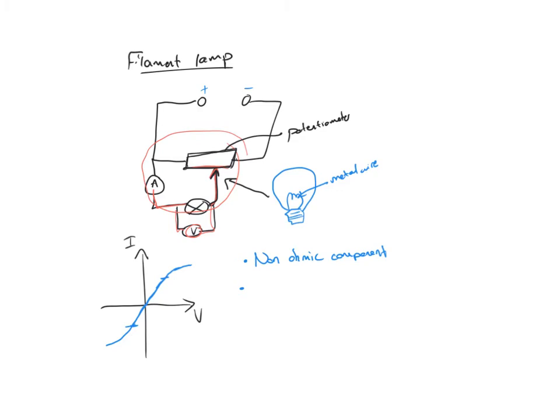So it is a non-ohmic component, which means the resistance of the filament lamp is not constant. So resistance is not constant because the temperature changes.